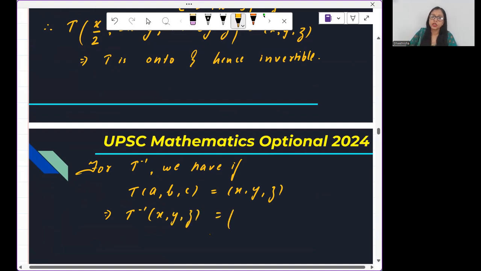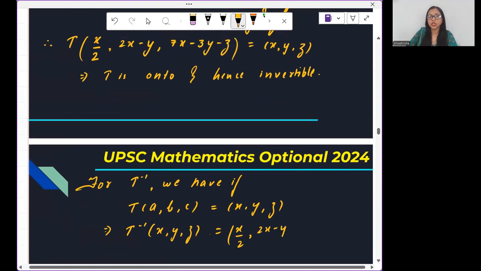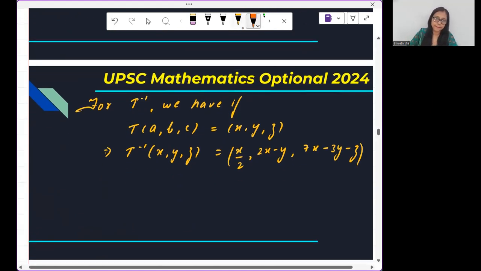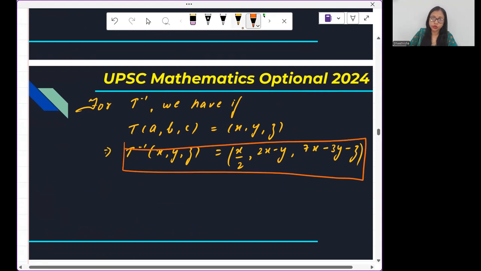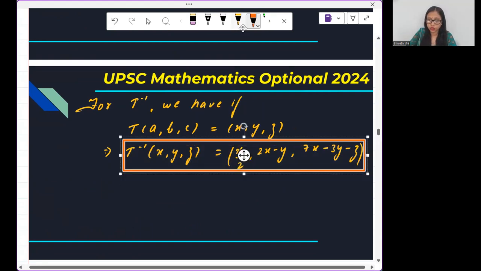And what is ABC? X by 2, 2x minus y, and 7x minus 3y minus z. That is the T inverse. So the calculation that you have done in the onto part was useful here.